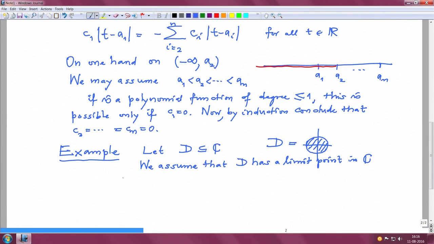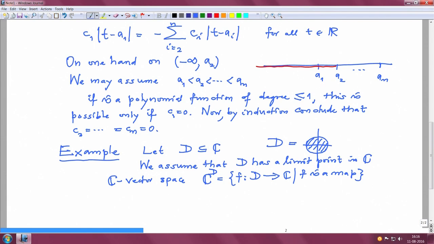Now I look at the C vector space of complex valued functions on D. These are all maps F from D to C. We have noted earlier that this is a C vector space, and I want to give uncountably many elements in this vector space which are linearly independent.